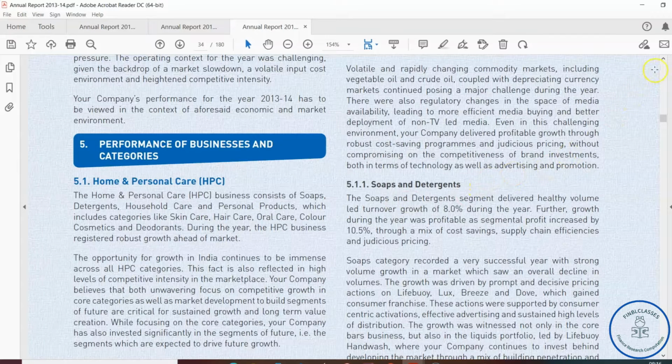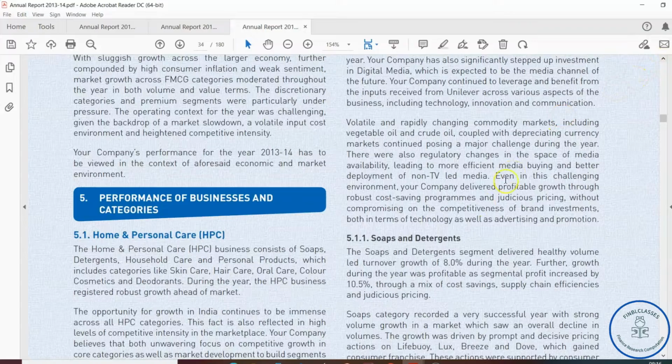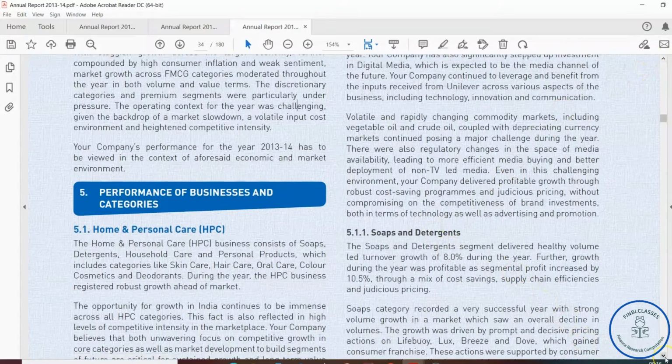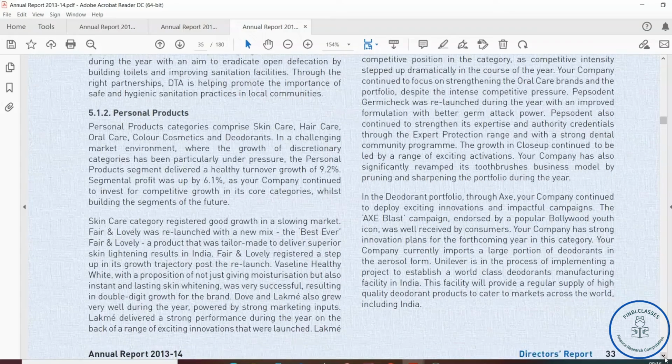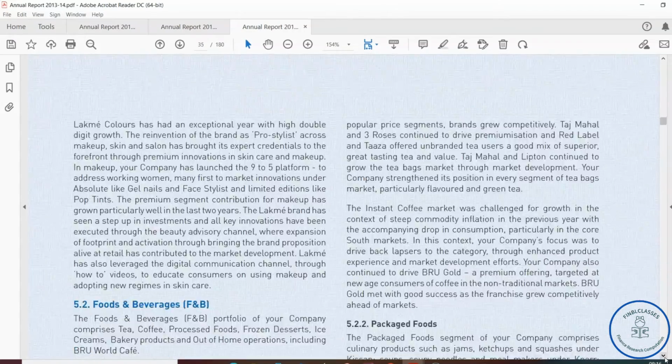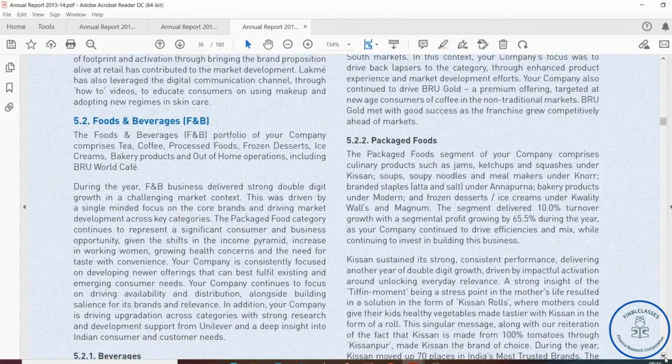So this categorization has been done, and you can see the personal care products they have: soaps and detergents, then personal care products. And you have the food and beverages. In food and beverages, the portfolio of the company comprises tea, coffee, processed foods, frozen desserts, ice creams, bakery products, and out of home operations including Brew World coffee.